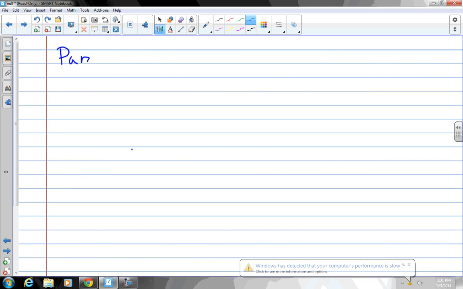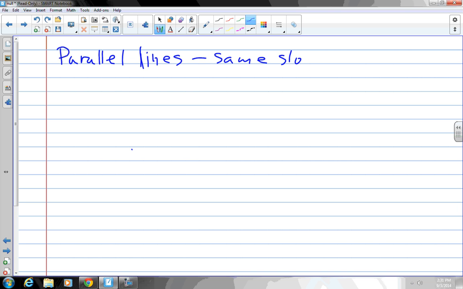So parallel lines: same slopes. Perpendicular lines: slopes are negative reciprocals of each other.